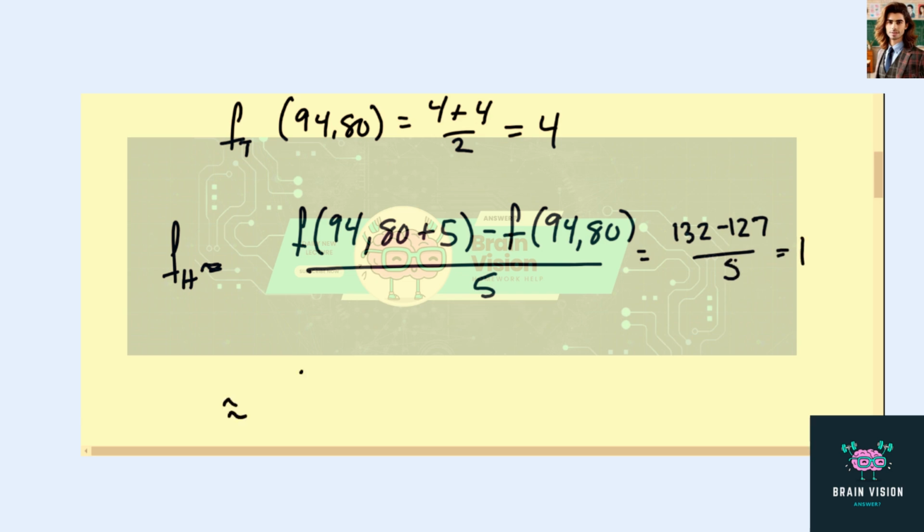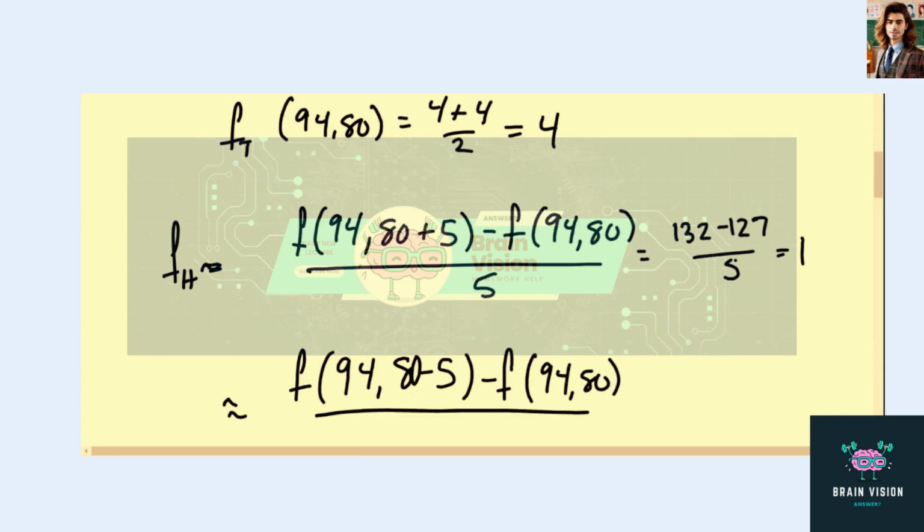It's also going to be approximately equal to the same thing, but where we subtract 5 instead. So 80 minus 5 minus the function f at 94 and 80 over a negative 5.